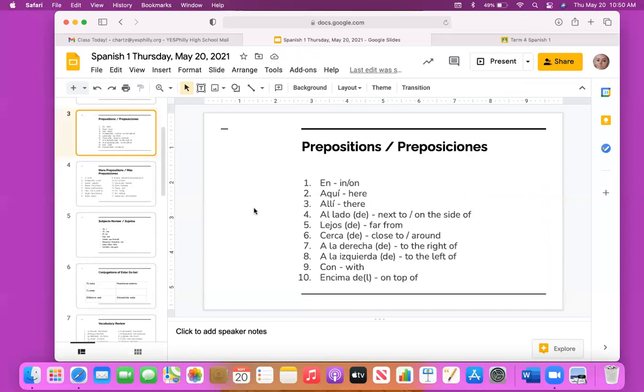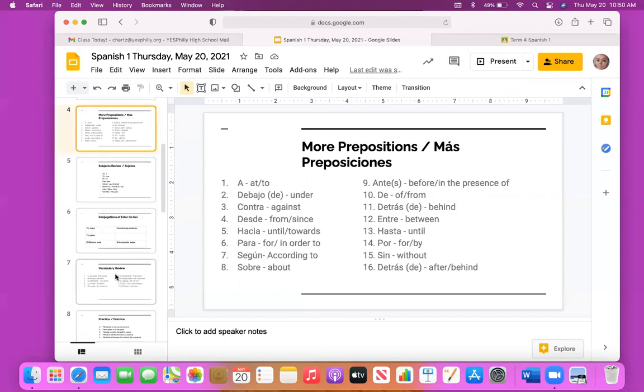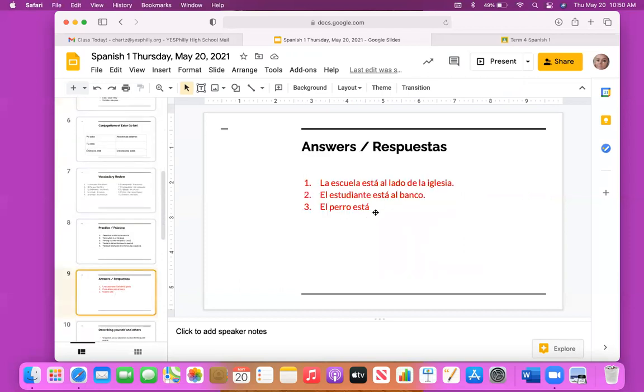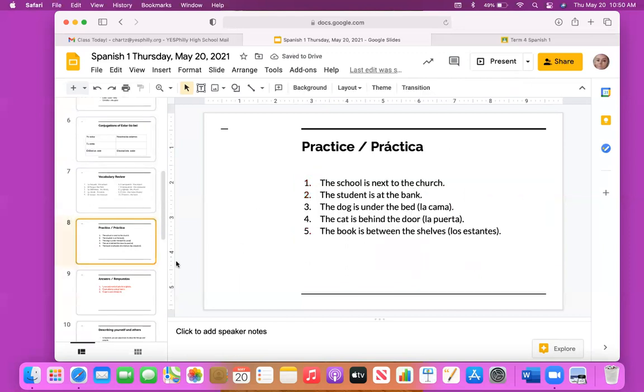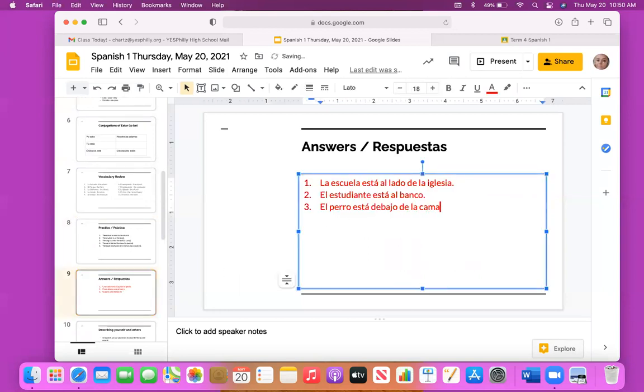I think it's over here. Oh, no. Right here. Debajo de. Okay. And then I have the word for bed here because we didn't learn that one yet. La cama. Okay. Does this make sense to everybody how I'm doing this? Is everybody kind of okay with this?